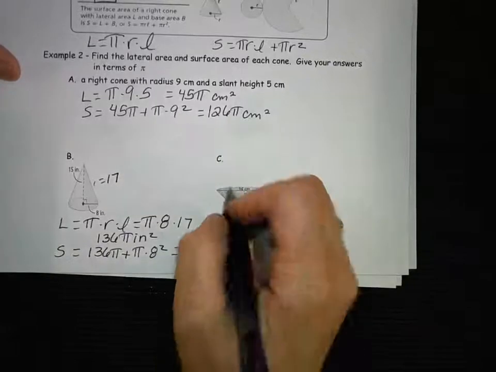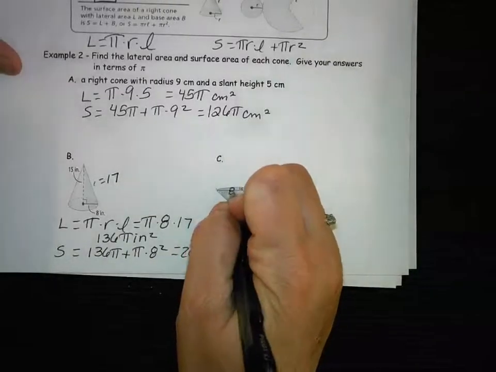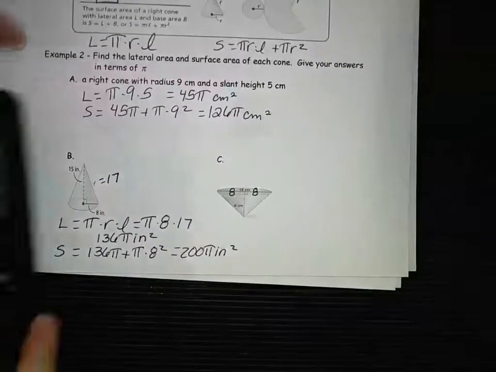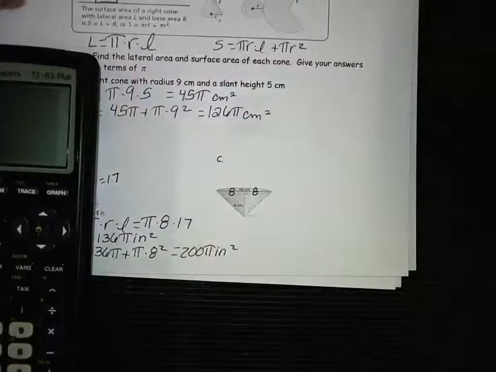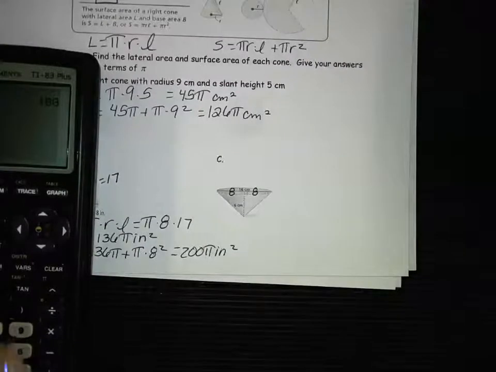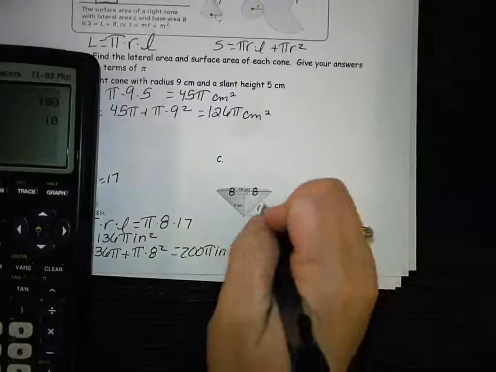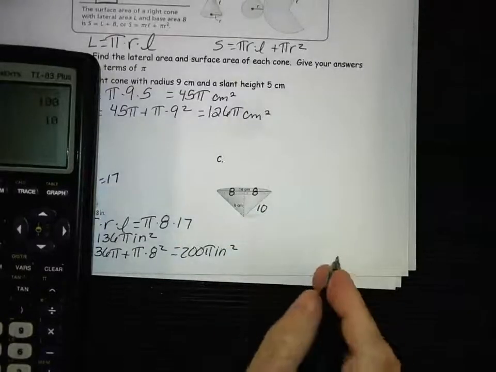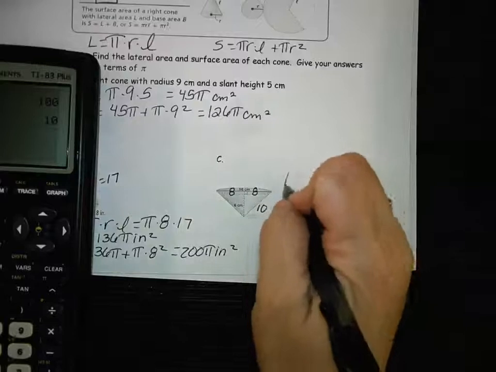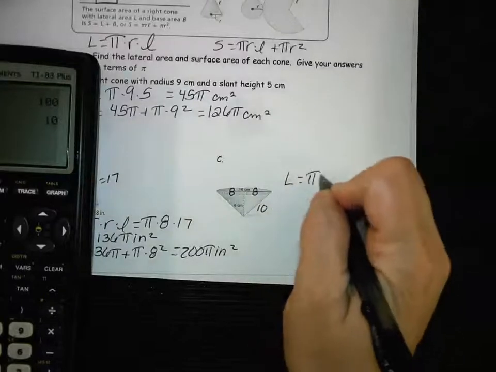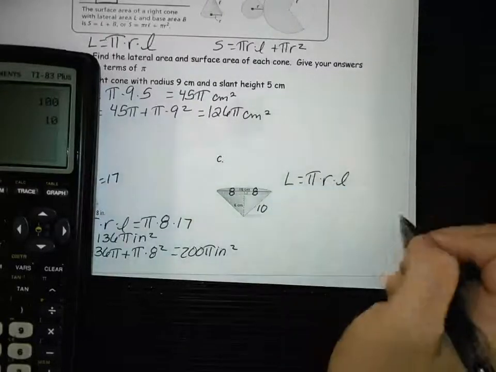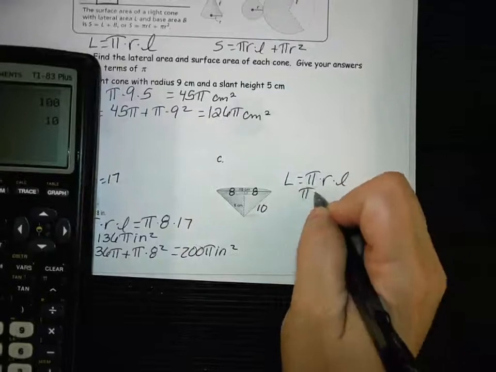Example C, they give us the diameter, so the radius is going to be 8. We need to use the Pythagorean theorem to find the slant height. 6 squared plus 8 squared. And when we square root that, our slant height is 10. Lateral area is pi times radius times slant height.